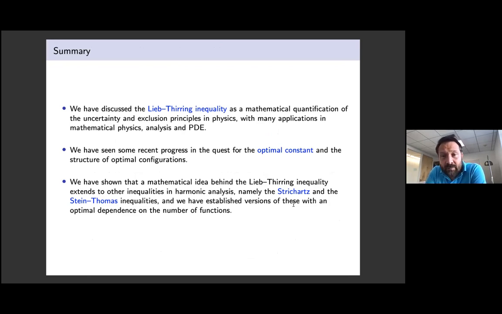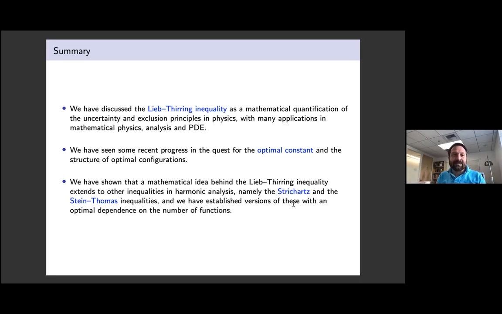We've talked about the quest for the optimal constants in these inequalities, and in particular also for the structure of optimal configuration as you increase the number of allowed functions. And then at the end of the talk, I briefly mentioned this idea of Lieb-Thirring, that orthogonality needs space, right? Think again about this hydrogen atom picture where these things grow and grow.